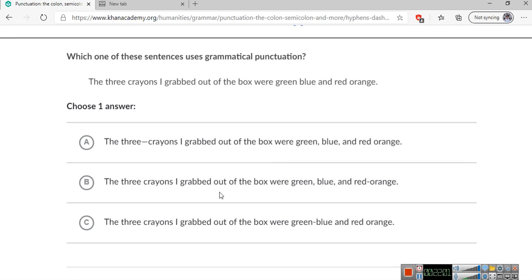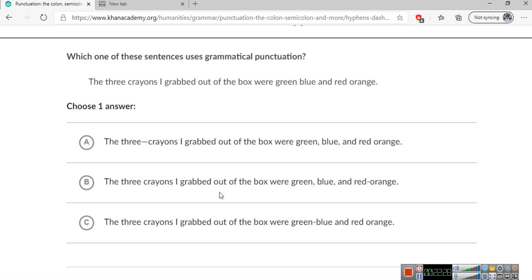So read it, please. Okay. There are 4 questions. Which one of these sentences uses grammatical punctuation? The 3 crayons I grabbed out of the box were green-blue, and red-orange. Choose one answer.